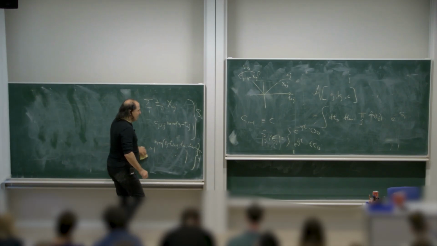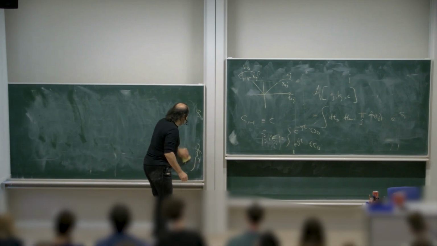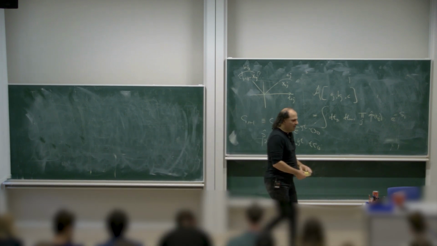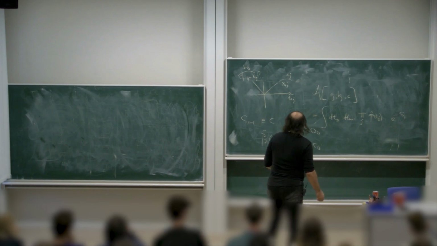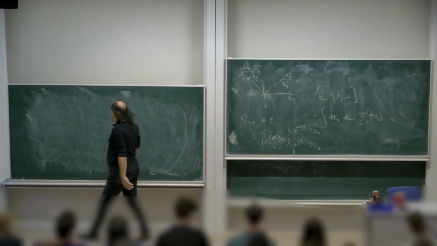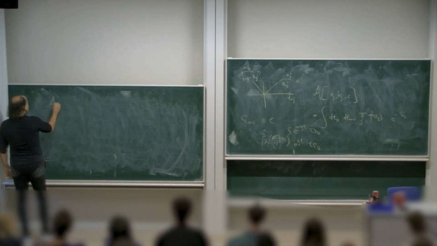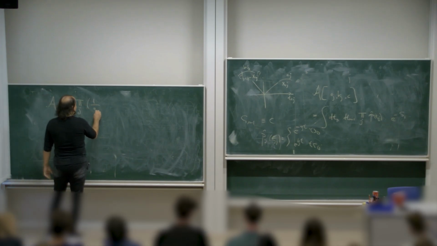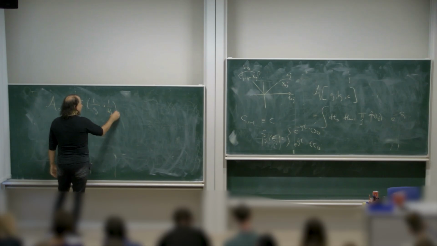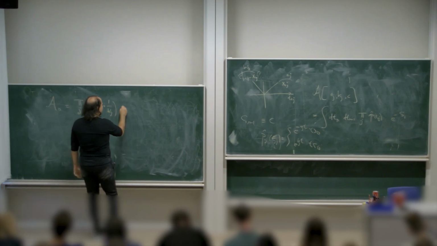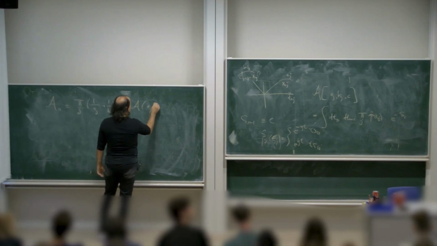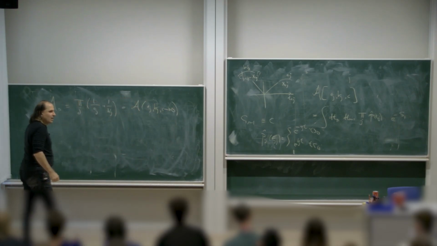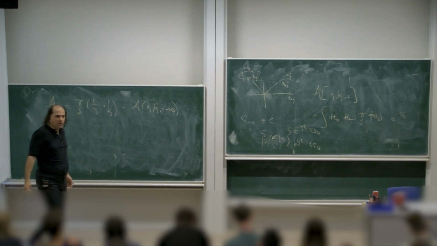So one key idea, it's just psychology, is to interpret this as saying, well, at least there's a limit where the answer looks simple. So I'm going to define A naught to be the product over j of 1 over aj plus 1 over bj. This is exactly what the amplitude would be if c was 0, as I send c to 0. So it's reasonable to look at what A is relative to A naught.